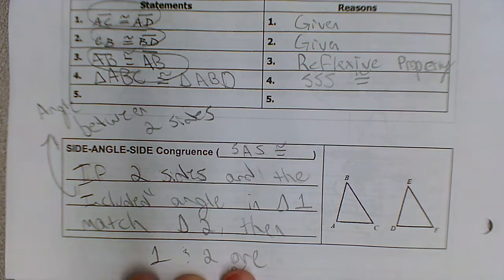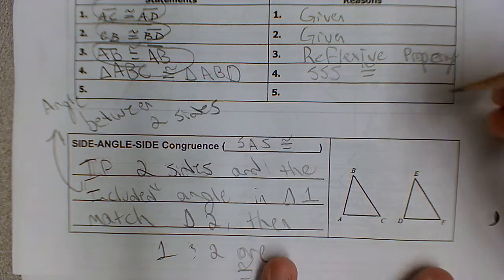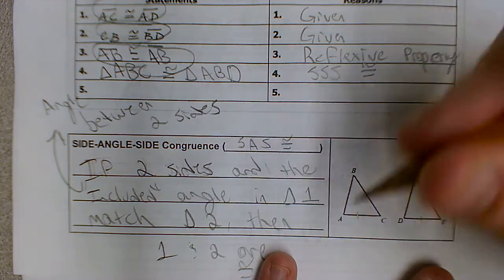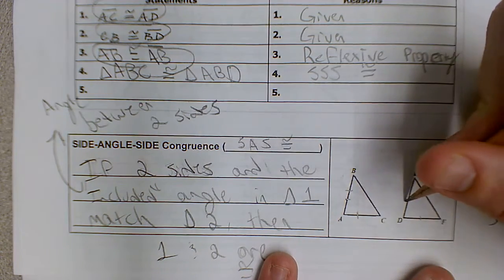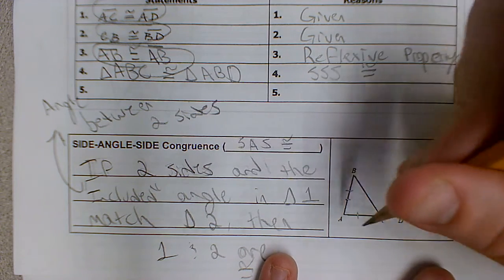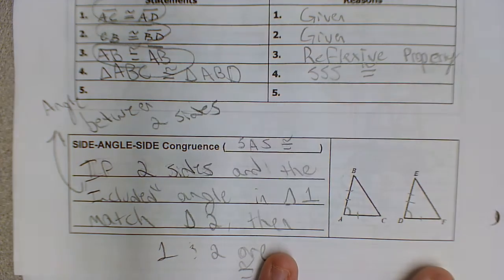Fancy way of saying, if two sides and the angle between them are congruent between two triangles, the triangles are congruent. A picture might make it even easier to see. So, I'm going to say these base angles are the same length, and I'm going to say that these left sides are the same length. The included angle is the angle between these two sides, here and here.